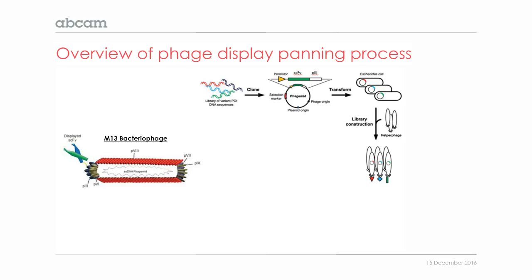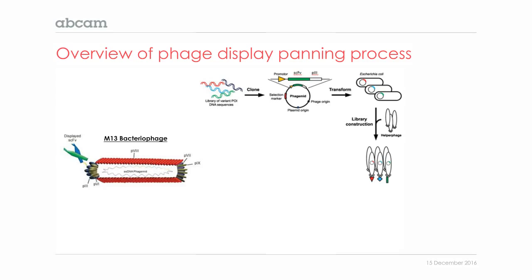And then what we do is we transform this phagemid plasmid into E. coli, and then we infect that E. coli with helper phage. So the phagemid plasmid provides the P3 coat protein, but you have to co-infect the E. coli with helper phage to provide all the other viral coat proteins as well as the DNA packaging machinery. And thus we can produce our full phage library.